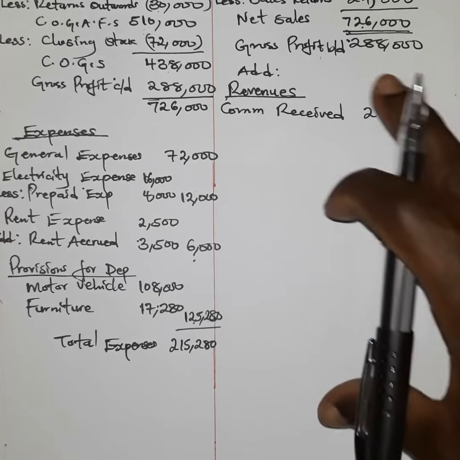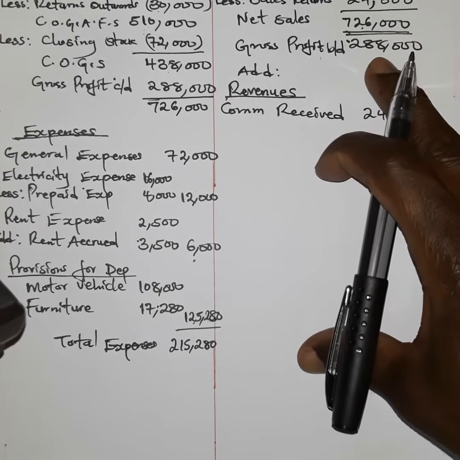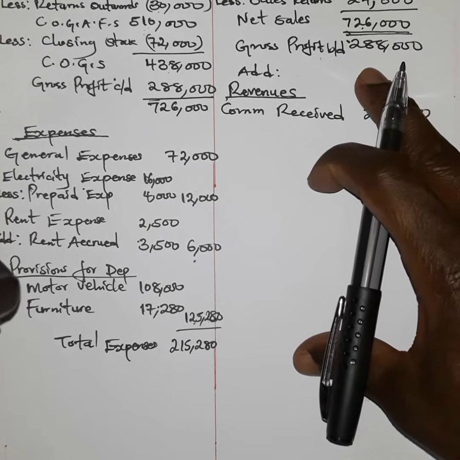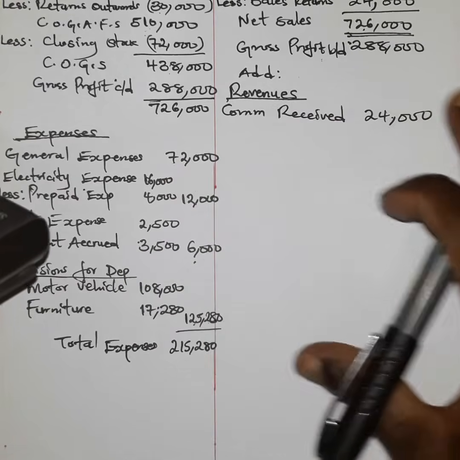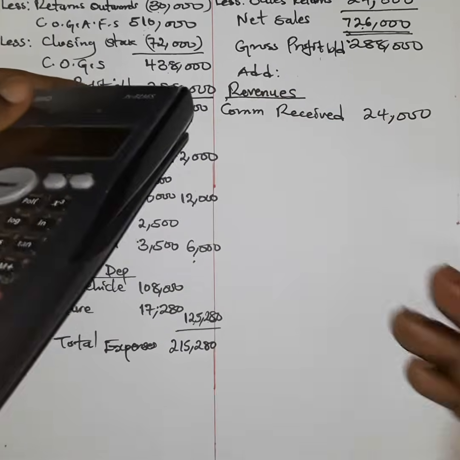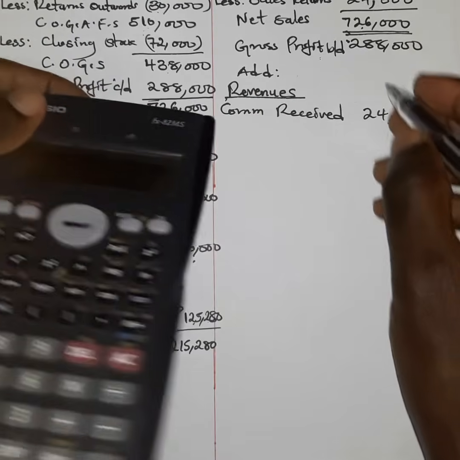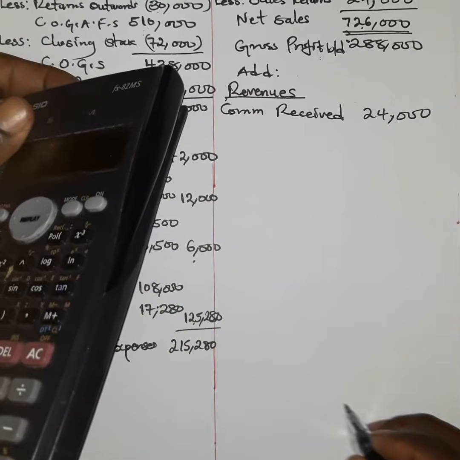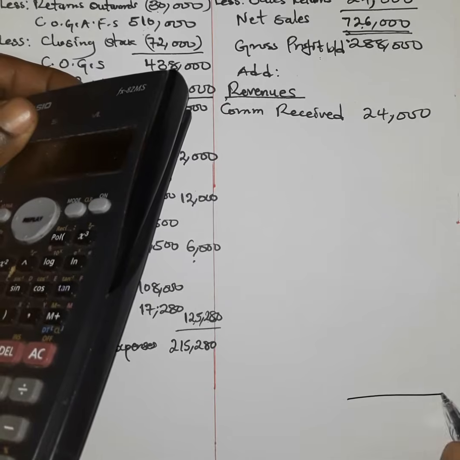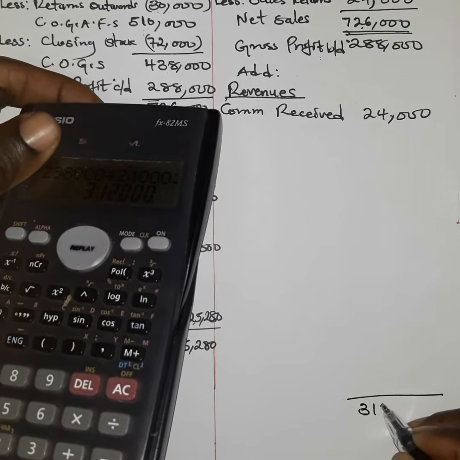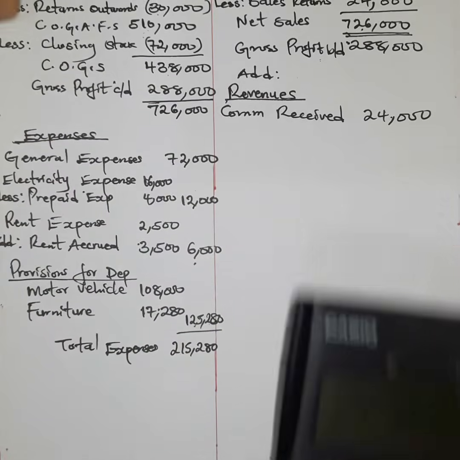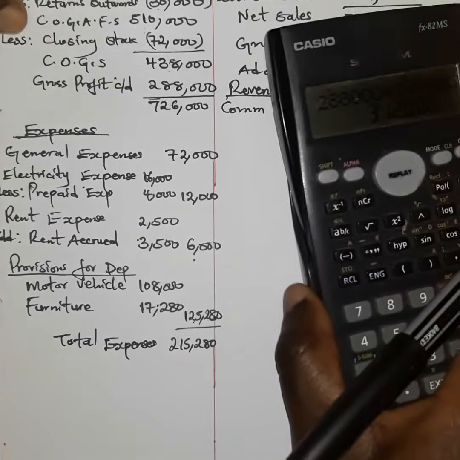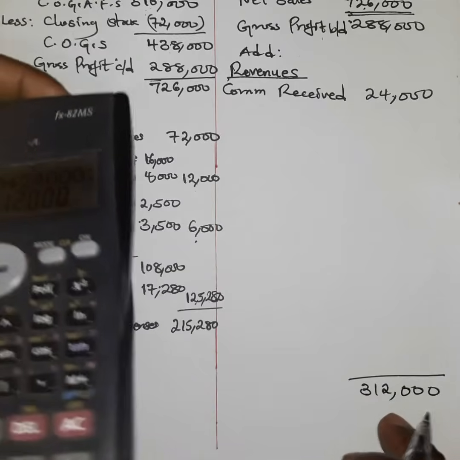So the total of gross profit plus revenues was more than the expenses, so it means we have a net profit. So we write this value at this particular level here, 312,000.